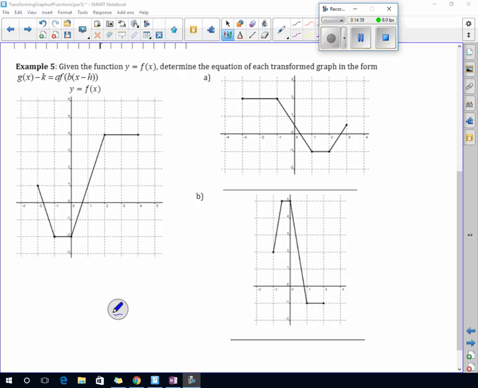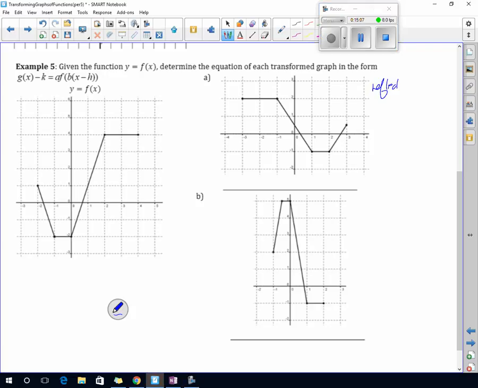So how would you go about trying to come up with the formula? If you compare the original to A, is there a quick thing that you could tell that happened? Yeah, this one got a reflection over the y-axis, it looks like it moved up.